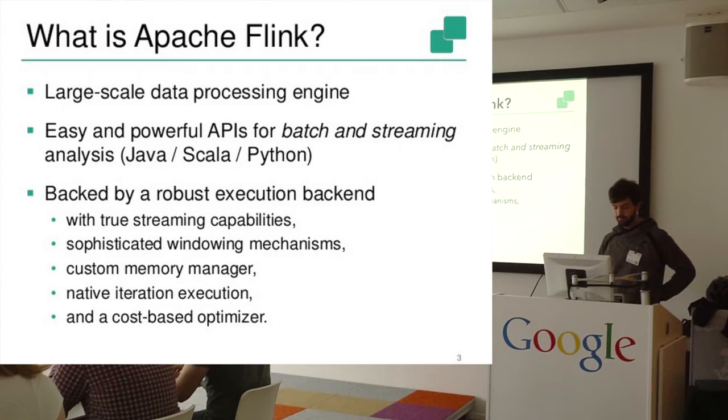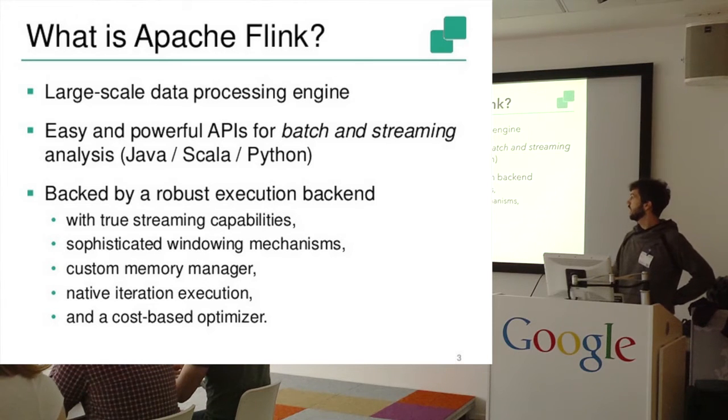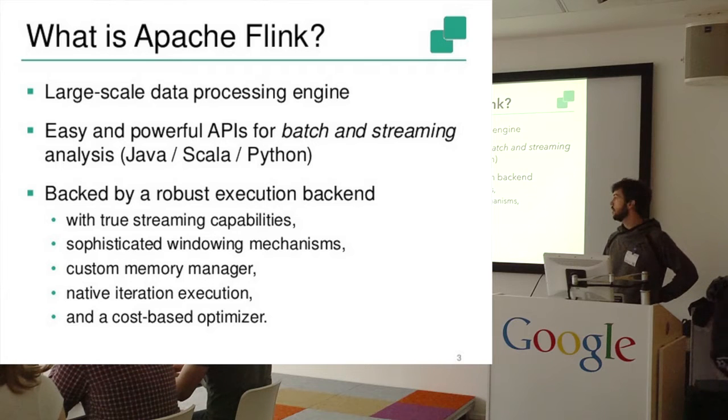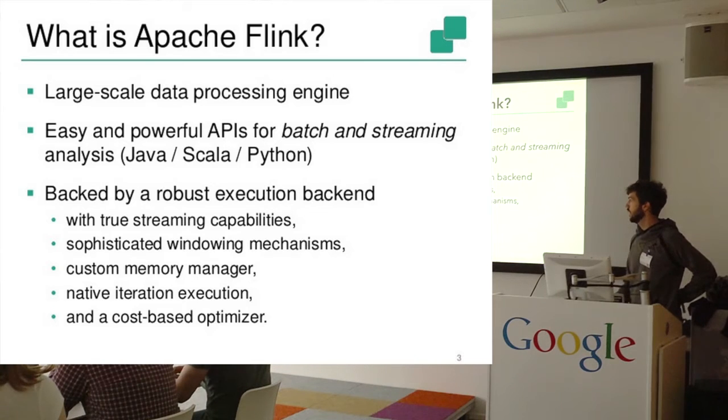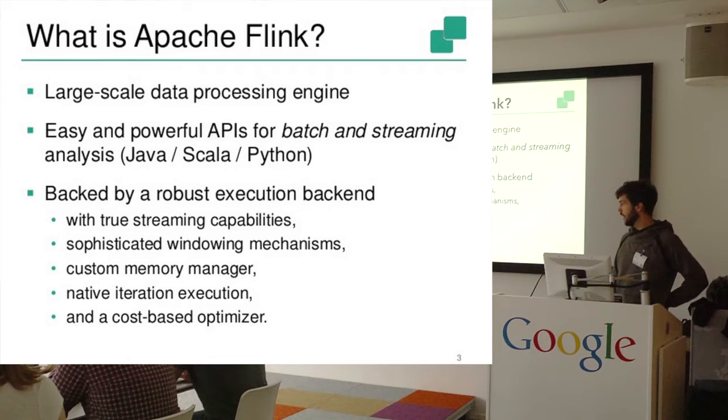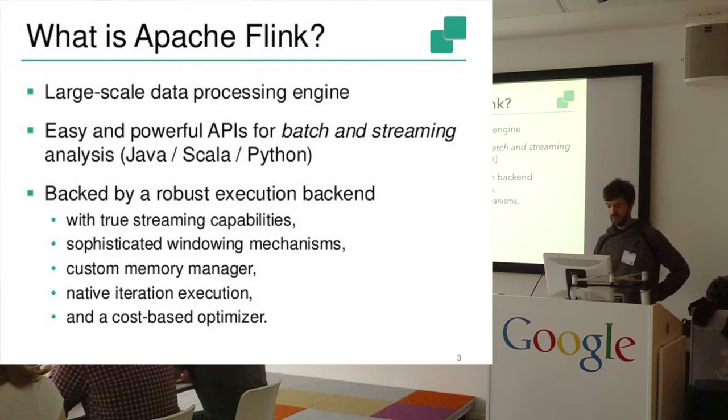I think Apache Flink has some unique features which distinguish it from other software, like, for example, custom memory management and an optimizer built in, which optimizes your program before executing it. But that's much for now. There's lots of things to learn about Apache Flink.